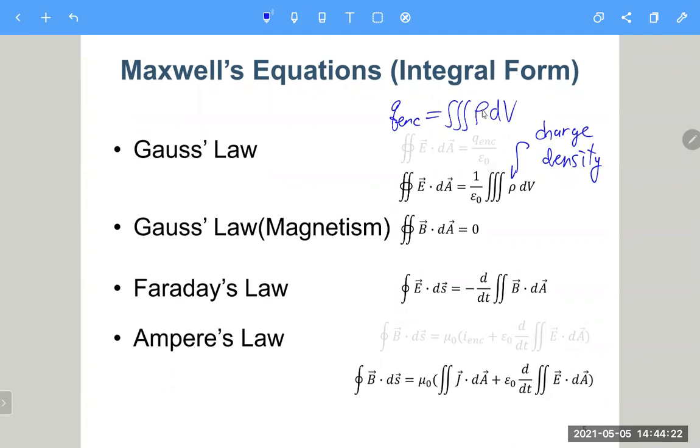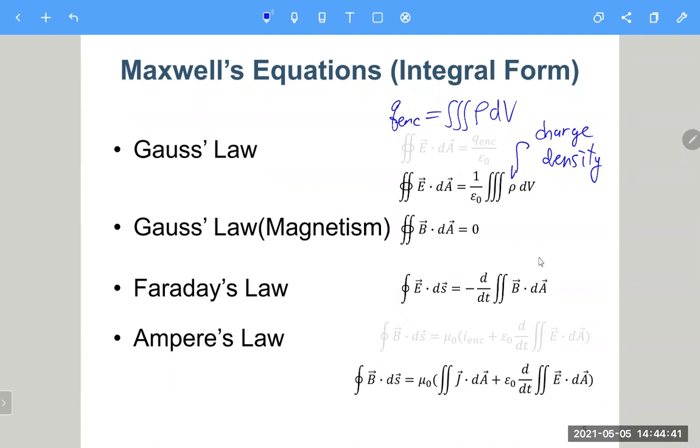So we can multiply this density by the dV, and then we add all of them together so that it is the total charge amount.